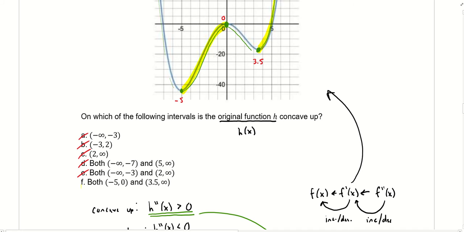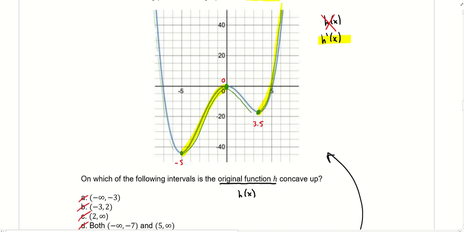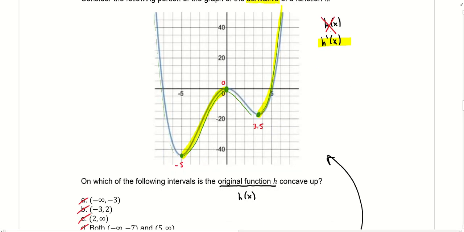Those are the locations where the original function, again, not the first derivative, is concave up. So when we're doing these sorts of examples, it's always important to note what's being graphed. Here it was the derivative of h, not h. And so we had to use this picture of the derivative to assess concavity.